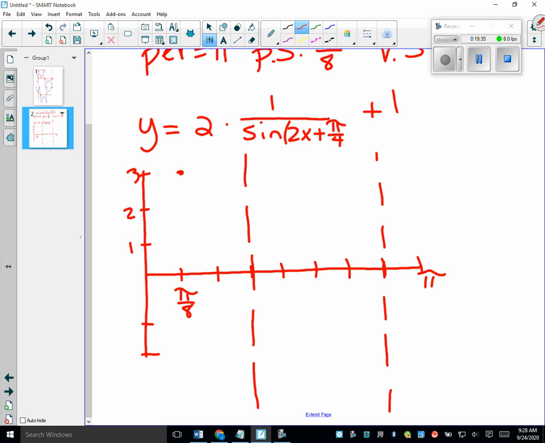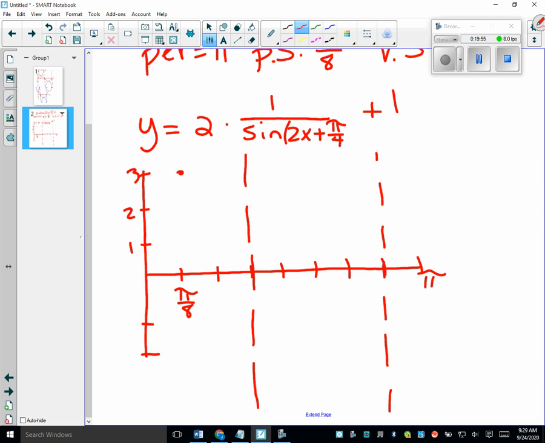Why is that so high? Because our vertical shift is 1, and then the amplitude for sine would have been 2, which means I would have gone up 2 more, or down 2 more. Can anybody tell me where I am at 0?